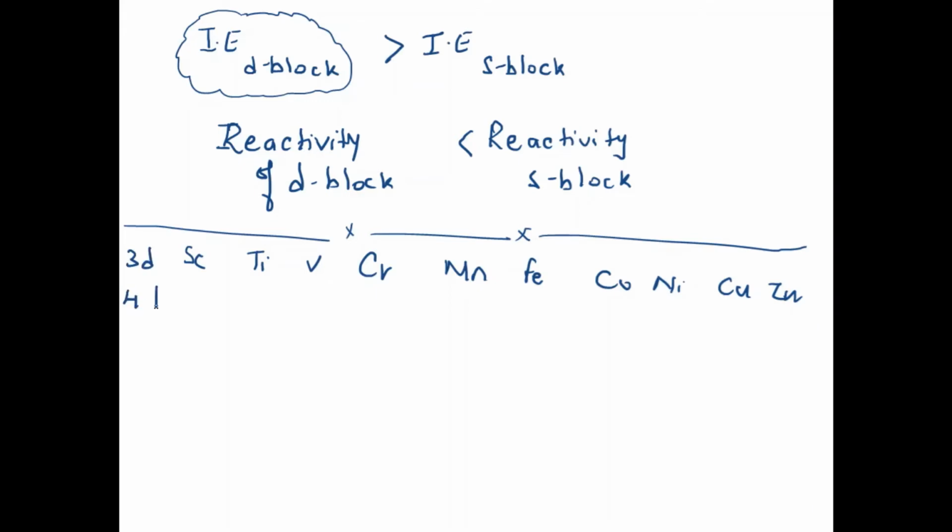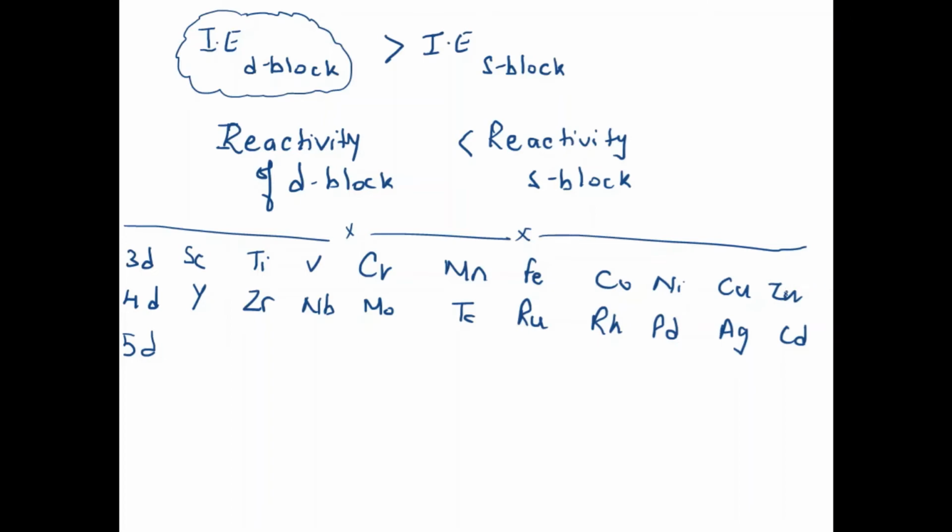The 4d transition series starts with yttrium, zirconium, and so on. So an abbreviation, a simple abbreviation, if you want to mold it into another, it's all up to you.